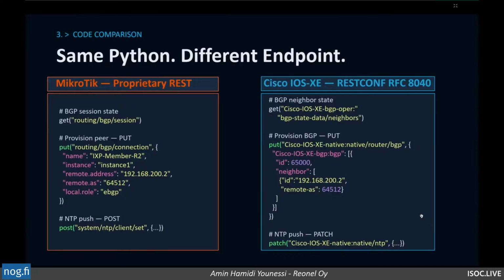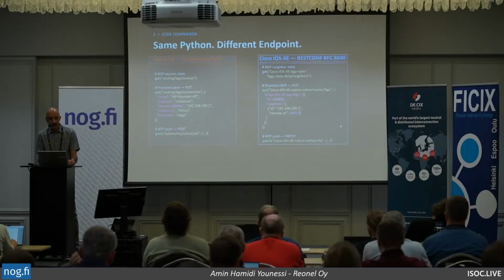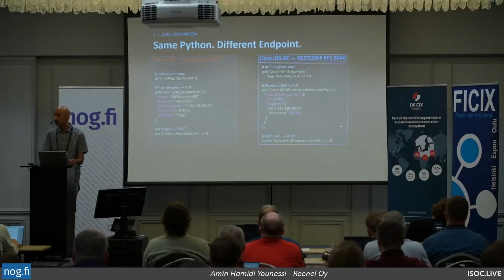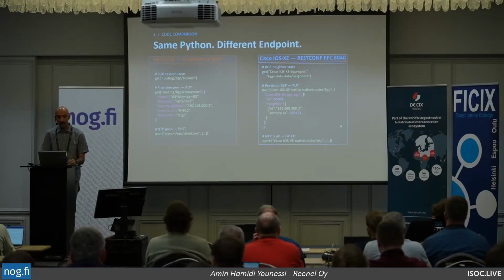But what about the middle of this code block? In the middle, both of them use PUT in order to push some configuration to their devices. And as you will see, with MikroTik you will use a flat JSON structure, and with the Cisco side, you will use a YANG structure and nested objects.